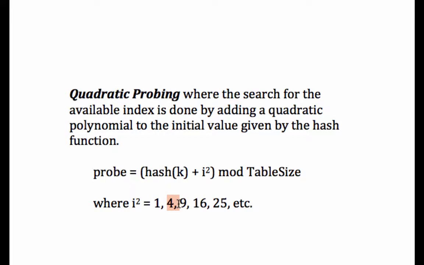The second probe, instead of being plus 2, will be plus 4. The third probe will be plus 9. And as you can see, these are quadratic values instead of linear values. The effect of quadratic probing is that we're going to have a better distribution of the indexes. We are going to avoid a problem that is known as clustering. So quadratic probing is better than linear probing.